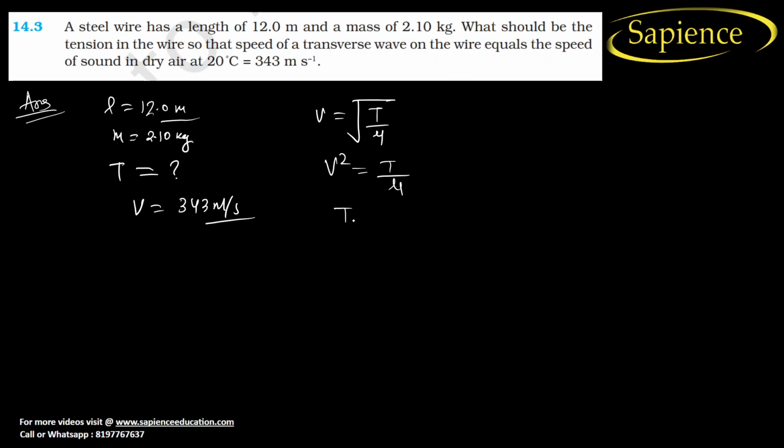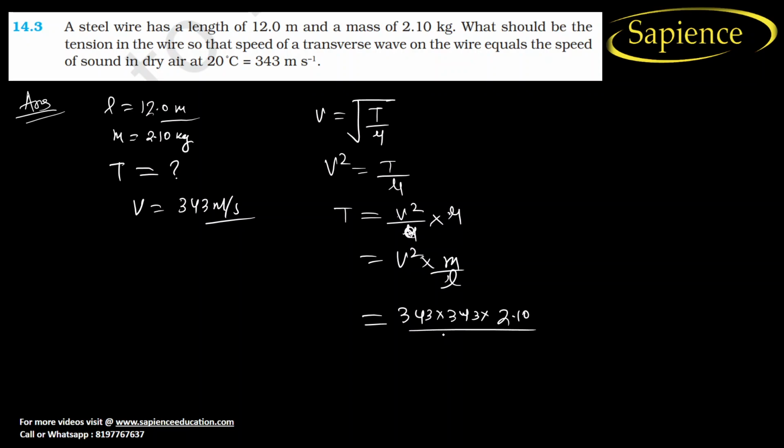So from here we can find tension is equal to V square by mu. Sorry, V square into mu. So V square into mu, where mu is mass by length. So we need to put here velocity is equal to 343 into 343 into mass 2.10 kg divided by length 12.0.